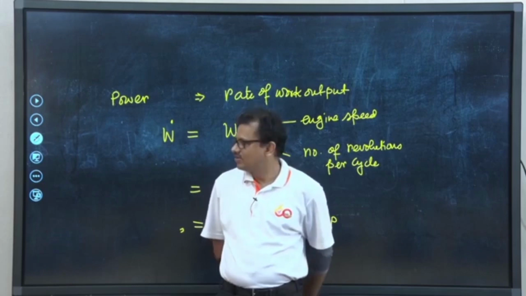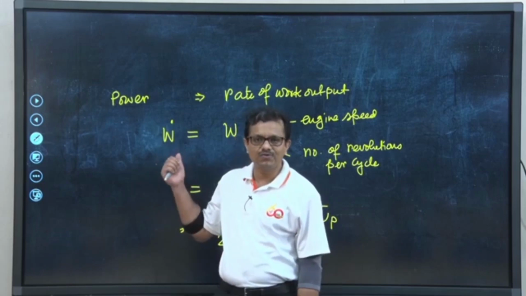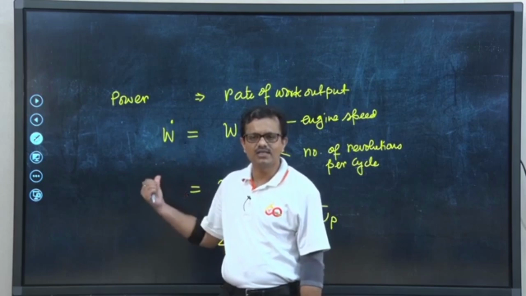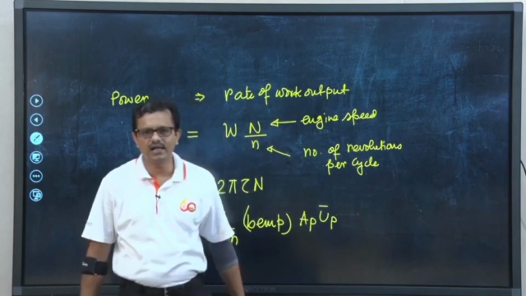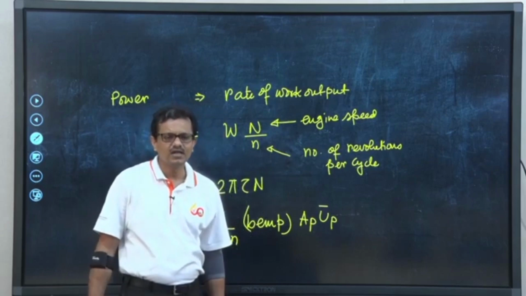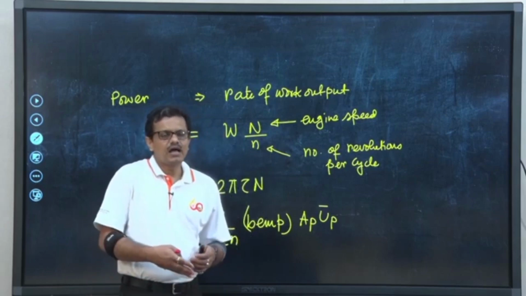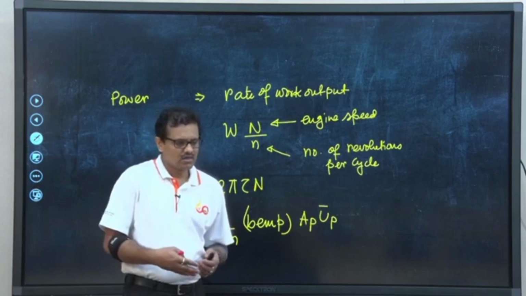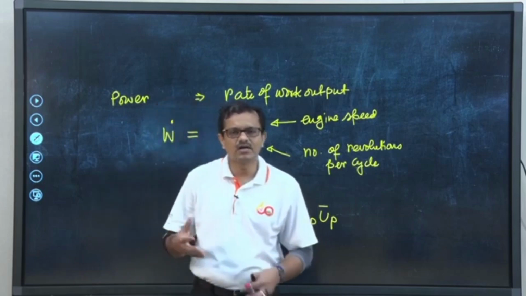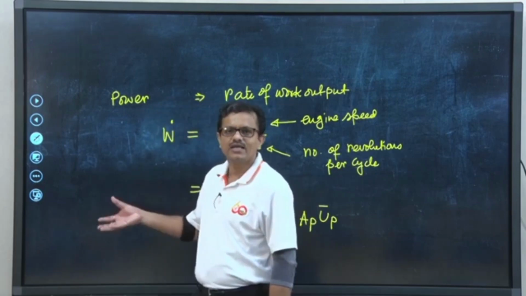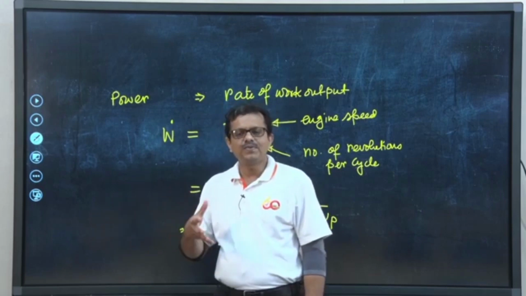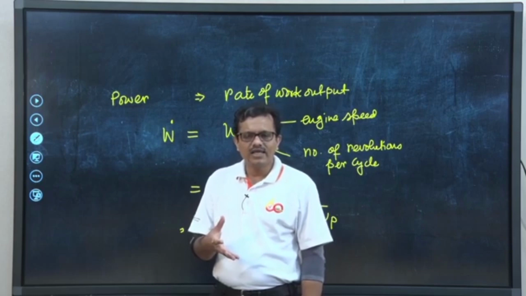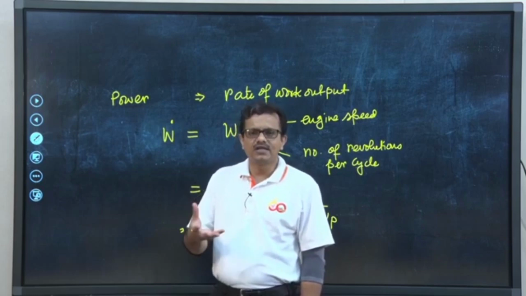So, though we are trying to calculate work output or power by using all these expressions, definitely we need to measure the torque which is available at the crankshaft using a dynamometer. Those quantities are measured and we can predict, but when we are trying to compare the performance, we again need to look at the input energy.